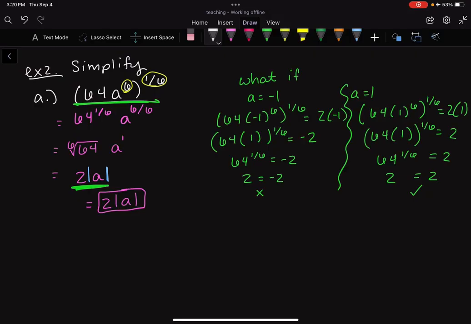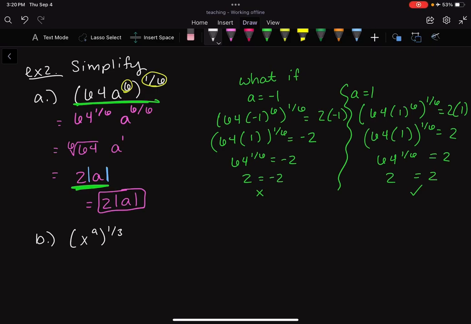Let's do another one to see what happens. This one says x to the 9th to the power of 1/3. So this one, they're actually not the same, but we still need to check this kind of stuff. It's really just when you are left with a variable inside. If you're left with a number, you're just simplifying and that's it.